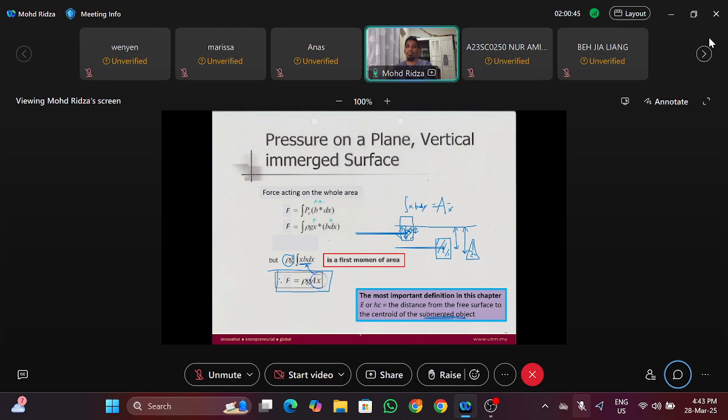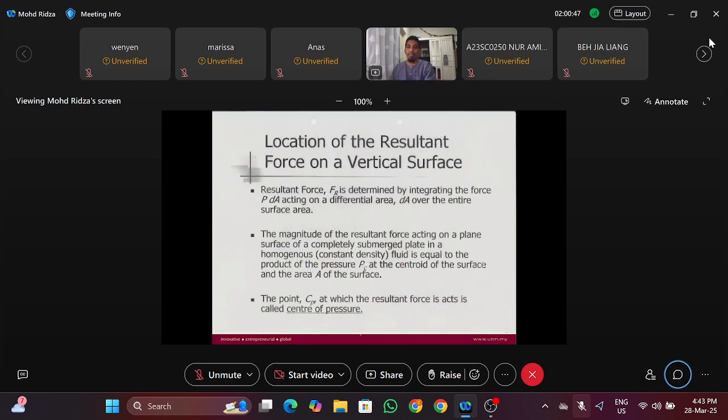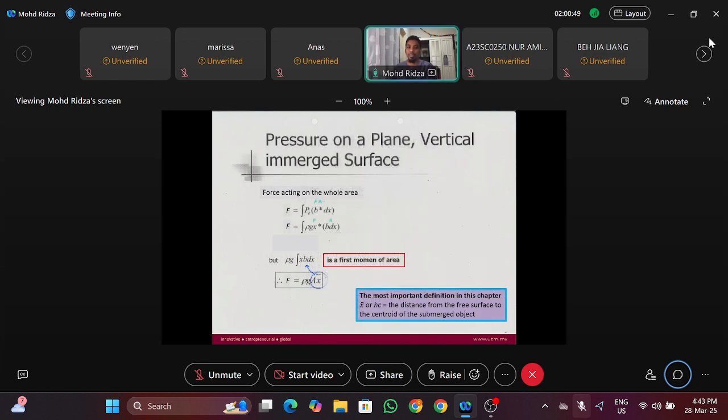So for this chapter, the important equation for the hydrostatic force is F equals rho g x bar or hc. Sometimes they use x bar, sometimes they use hc for this distance from the free surface to the centroid.